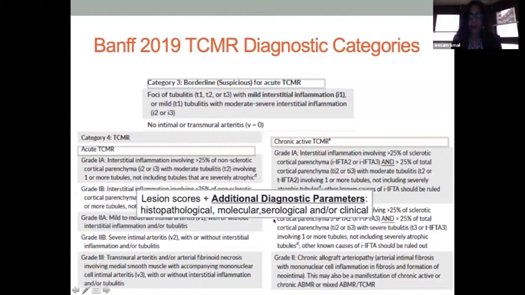So the diagnostic process is not dependent on the scores only, it's an integration of the whole thing. The scores we see, the other histopathological changes we see, whether we have interstitial edema, whether we have nuclear inclusions, do we have interstitial hemorrhage, whatever, the serology of the patient, as well as the clinical presentation of the patient.